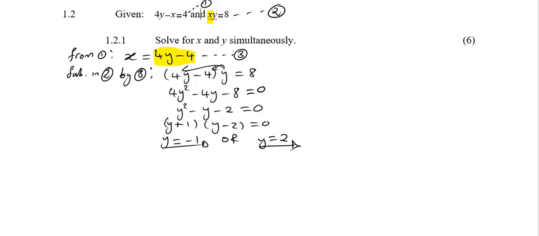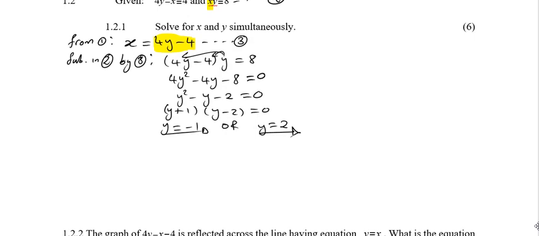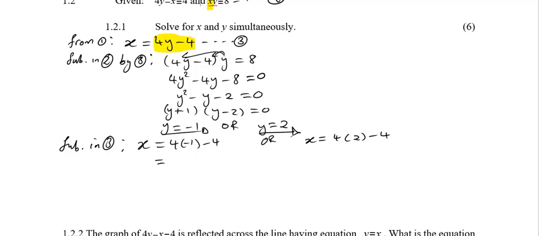Now we must continue to find the value of x. I will substitute back into equation 3, where x is the subject of the formula. For y equals negative 1, x equals 4 times negative 1 minus 4, which is negative 4 minus 4, or negative 8.